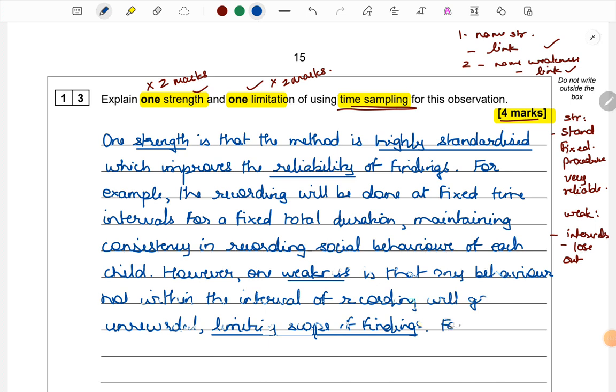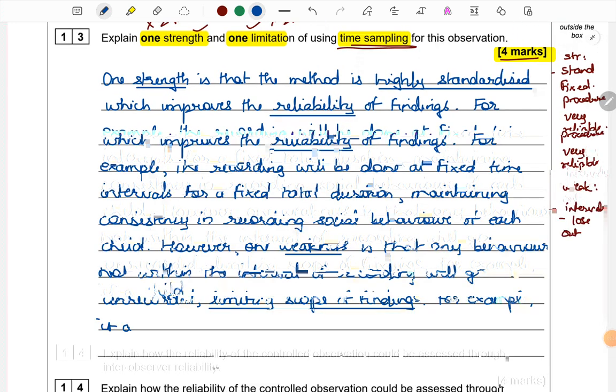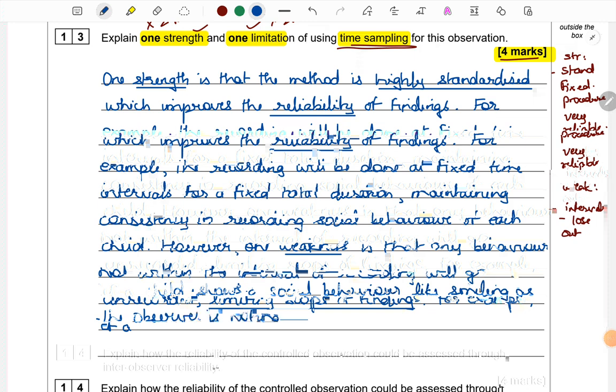For example, if a child shows a social behavior like smiling as the observer is noting down behavior from an interval, this smiling will not be recorded.